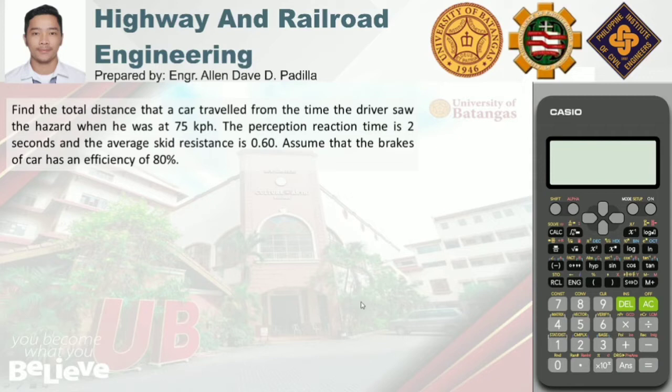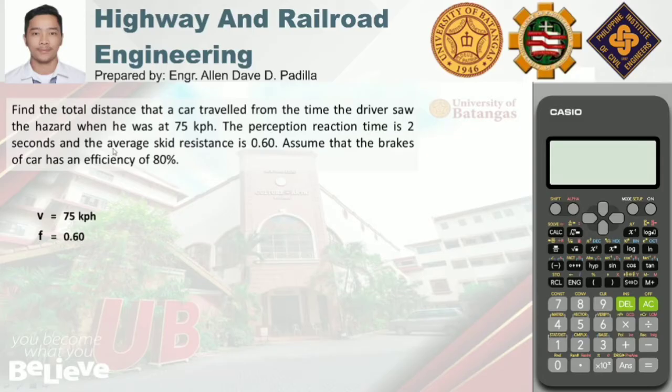Next, find the total distance that a car traveled from the time the driver saw the hazard when he was at 75 kilometers per hour. The perception reaction time is 2 seconds and the average skid resistance is 0.6. Assume that the brakes of the car have an efficiency of 80%. So, we have velocity equal to 75 kilometers per hour.